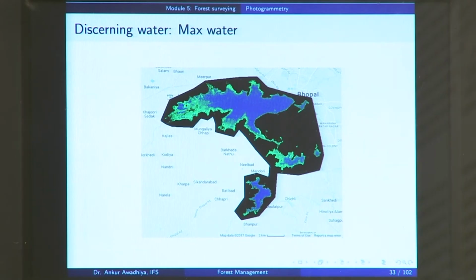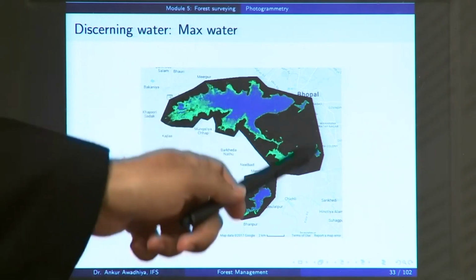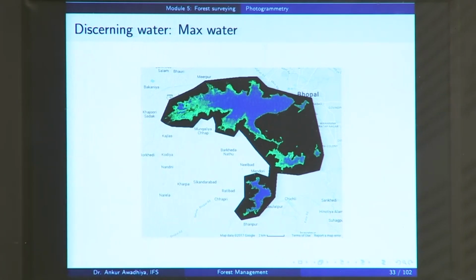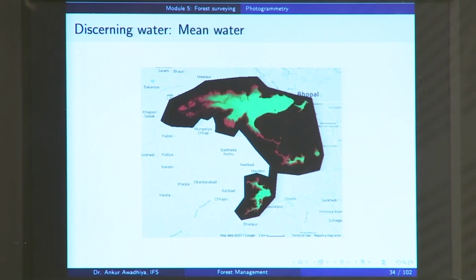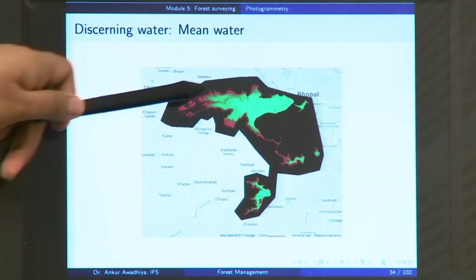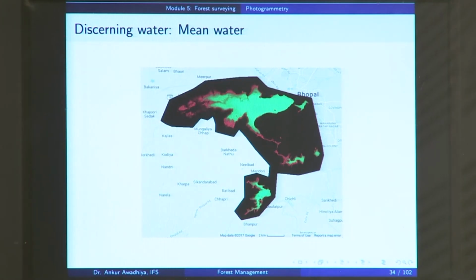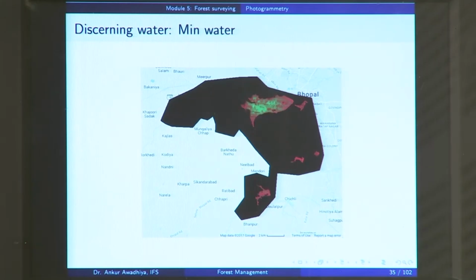Now, in the last 30 years, what are those areas in which you had water? This is the maximum water image. These are the areas which in the past 30 years had some period where they were a part of the reservoir or a part of the lake. Then we can also construct another image which tells us the mean water. On an average you had water in these areas in these 30 years, or you can even make use of this image to say what was the minimum water available in any year.